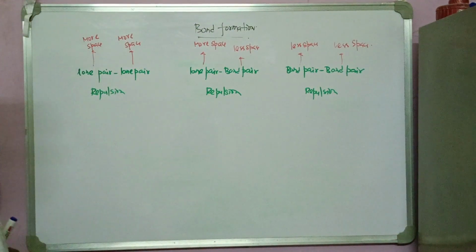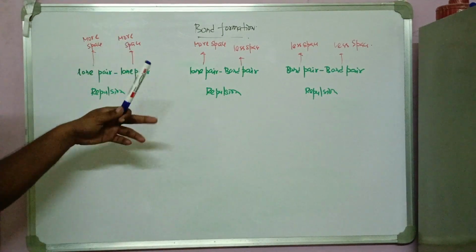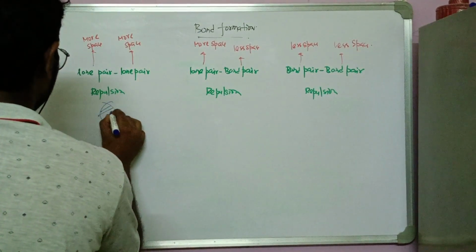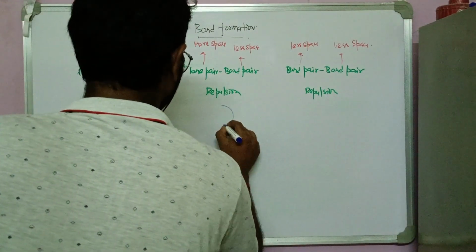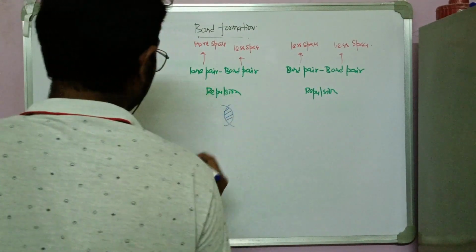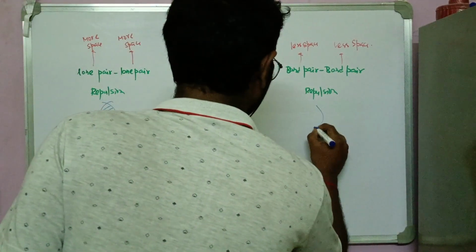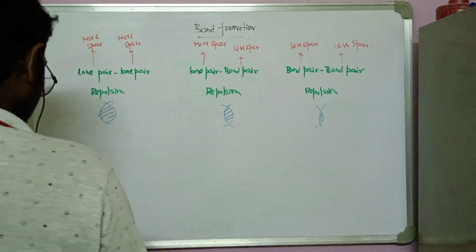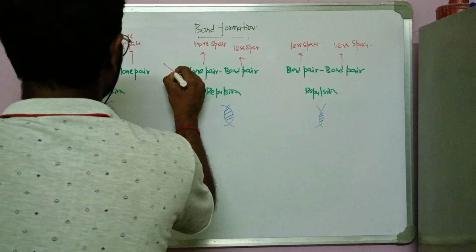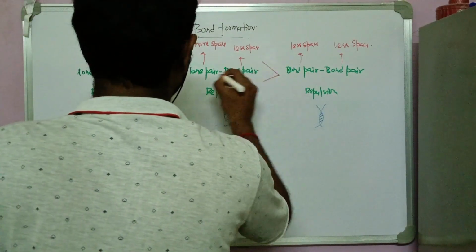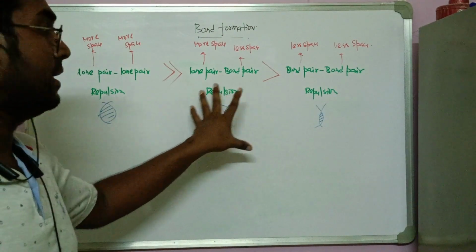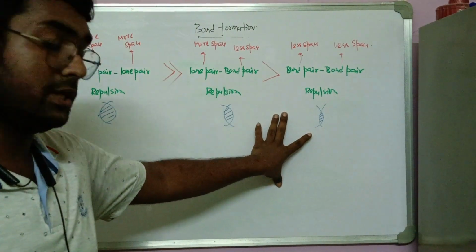If both need more space, then they will repel much higher. The lone pair-bond pair will repel, but not that much, and the bond pair will have the minimal repulsion. So the lone pair-lone pair repulsion will be much higher than the lone pair-bond pair repulsion, and the least one will be the bond pair repulsion.